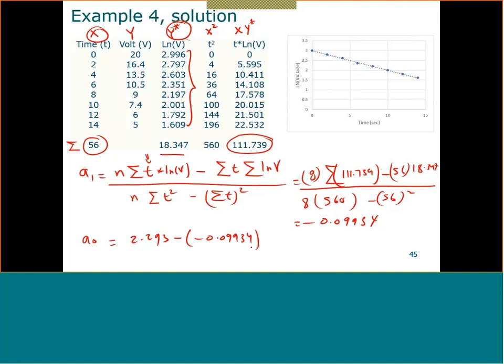So this is equal to 2.989. Okay, so I'm done with finding A1 and A0.